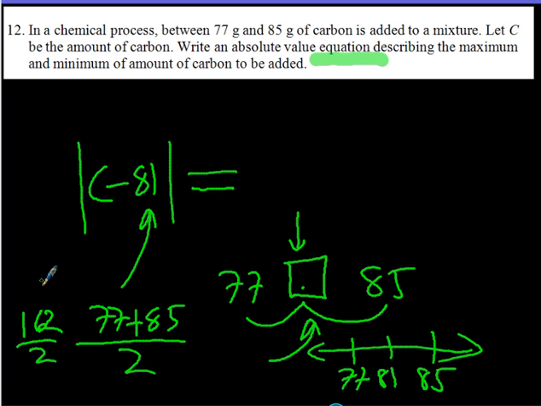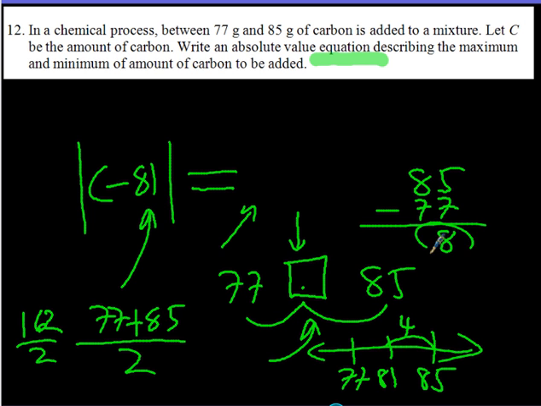I figured that over here on the number line, by the 4, but mathematically I could just say, what's the difference between the numbers? And it's got to be half of that. So I'm going to subtract 77 from 85, and I know I'm going to get 8, but 8 doesn't go here because that's the whole range all the way across. 4 goes there, half of that, because I'm going to add it and subtract it.